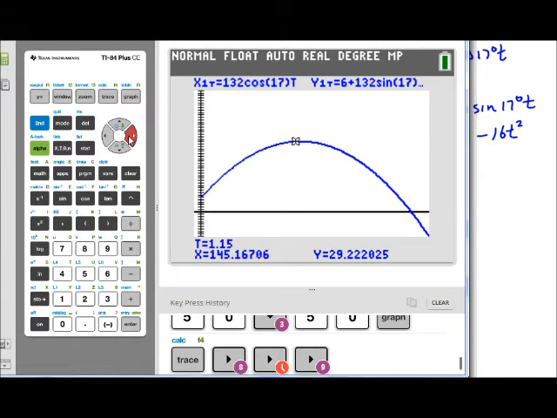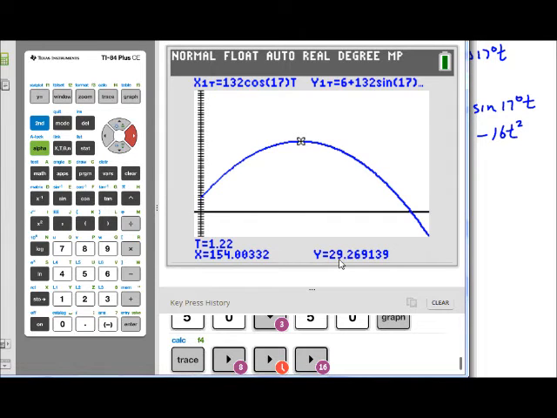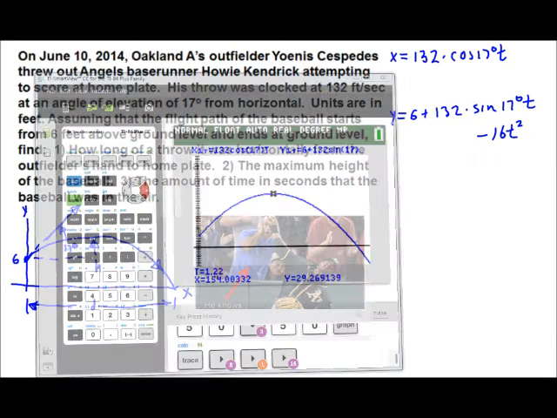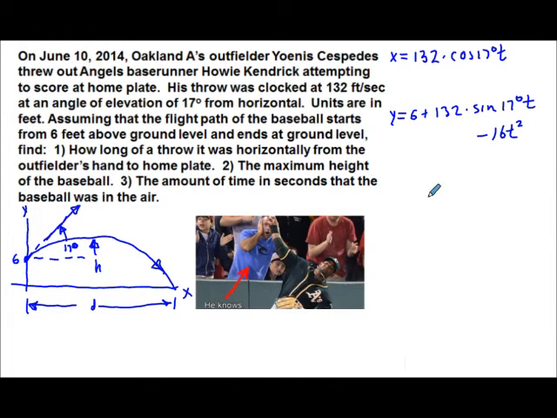So we get there, we see 29.23, 0.25, 0.26, 0.27, 0.27. So we're looking about 29.27, which can be about 29.3 feet. So I'm going to go over here, and that's going to be question 2. Maximum height, 29.3 feet.